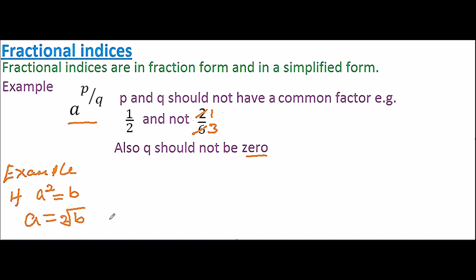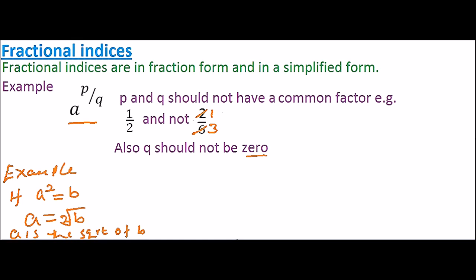It's just like we don't divide a number by 1, because when you divide it by 1, it is always the same number. So a is the square root of b.